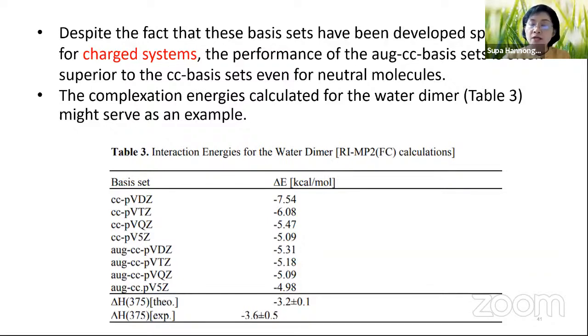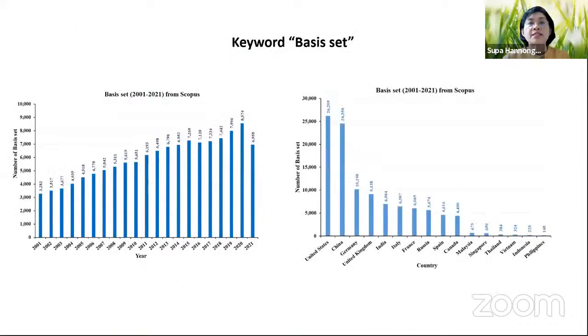As I said, the system is important: if you deal with positive or negative charge, you need the correlation-consistent functions. This is the end of my talk.